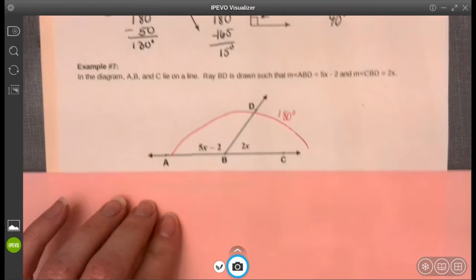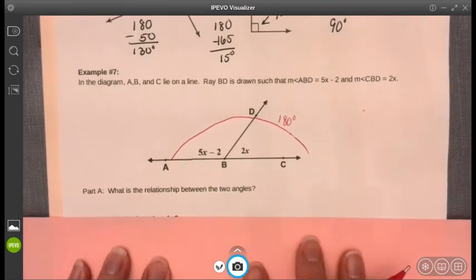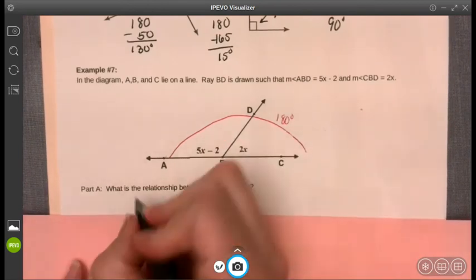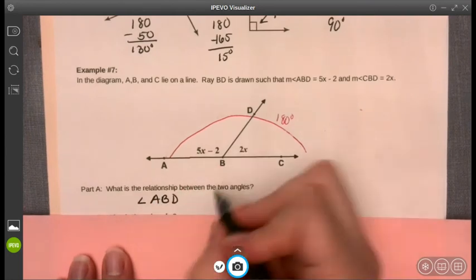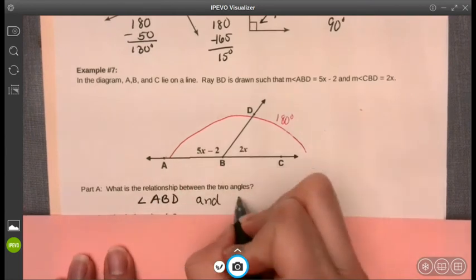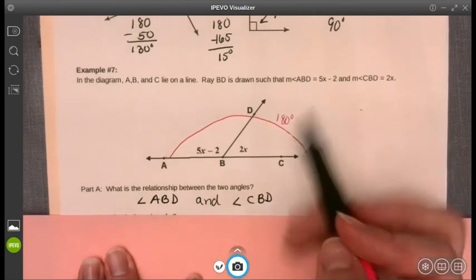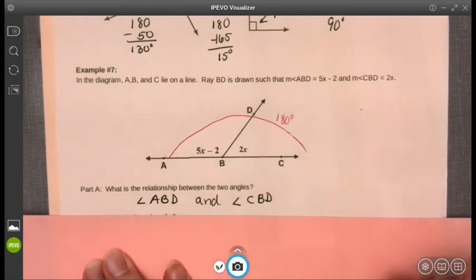So together, what can you tell me? What is the relationship between angle ABD and angle CBD? Obviously, you can't just call each of those angles angle B because you wouldn't know what you're talking about.